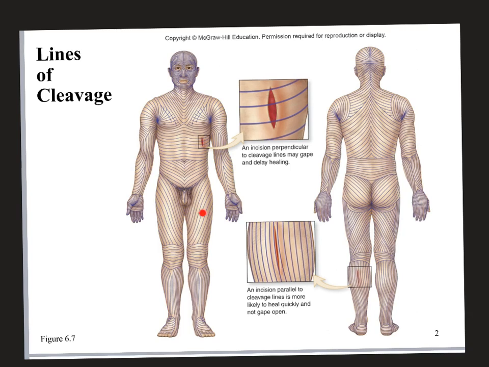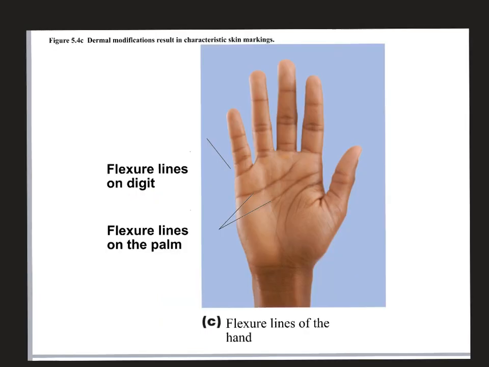Also, when you stretch these lines out, right? So if you increase in size, and you stretch lines out this way, you put tension on the fibers in between, okay, and then you can cause the stretch marks or the striae that occur. Flexure lines, right?